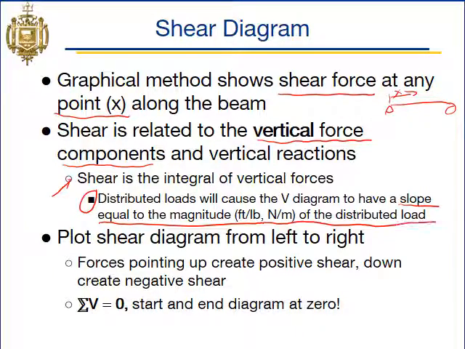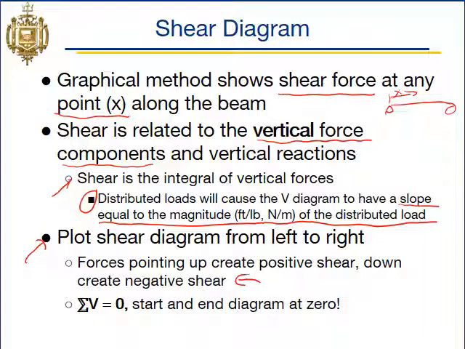If you have a distributed load that is 10 pounds per foot pointing down, your shear diagram underneath that load will have a slope of negative 10 pounds per foot. And all of our shear diagrams we're going to plot from left to right. That way forces that are pointing up will cause the shear diagram to go up, and forces that are down will cause our shear values to go down.